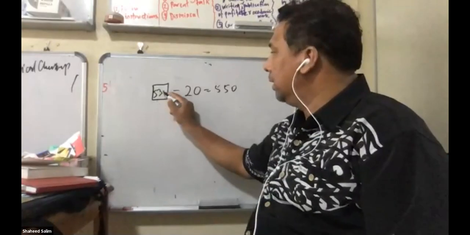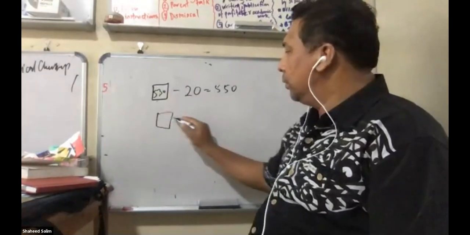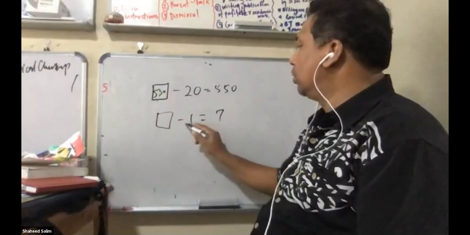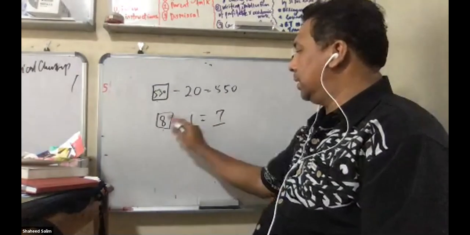Five hundred thirty. No, 530 minus 20 becomes 510. Then you forgot what you did. When you minus 1, you say this one's 8, not 6. Why? Because you plus this one together.